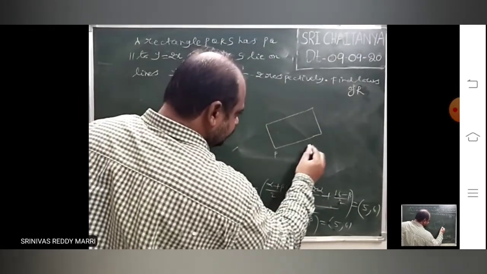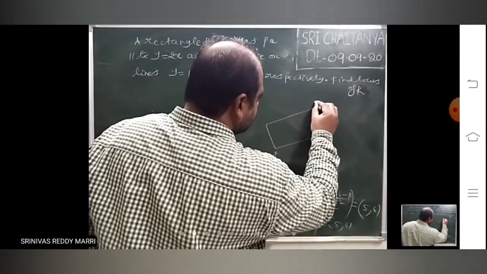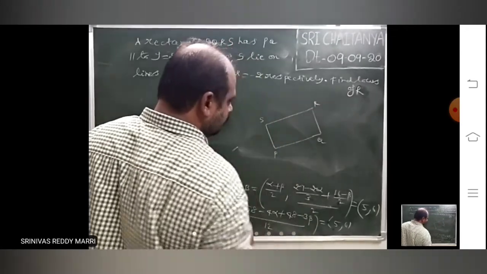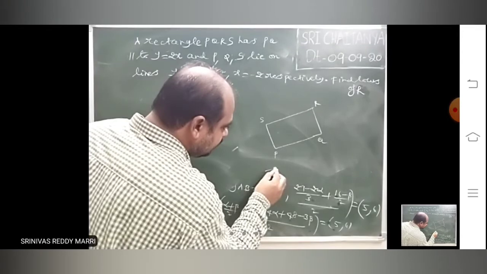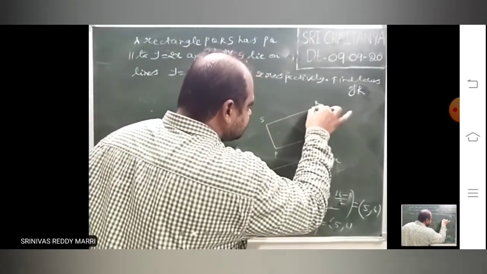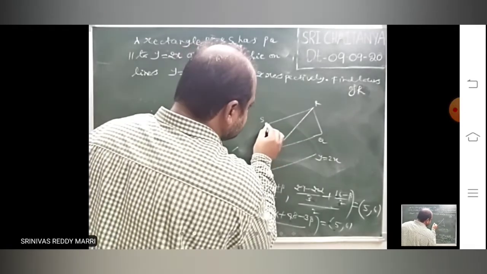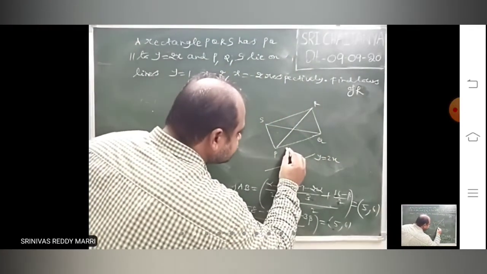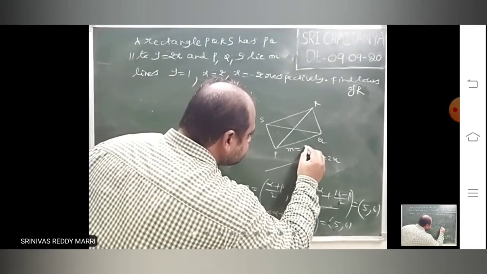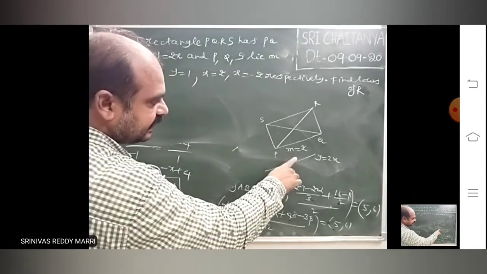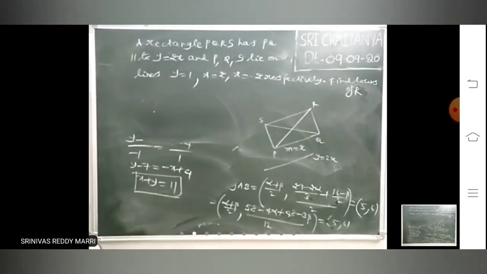This is P. Now this line is parallel to a line. So these are the diagonals. So that means this slope is what? This slope is 2. So that means you can say that this is parallel to this line means m equal to 2.